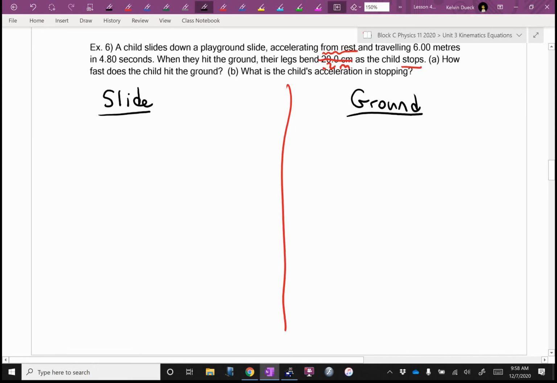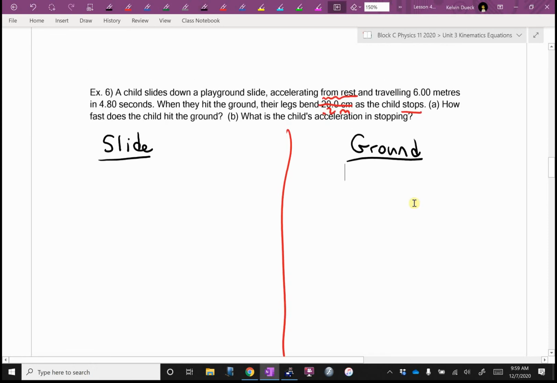So a child slides down a playground slide accelerating from rest. That's a VI. Yeah, you sit down at the top, you gather your nerve before you go down.